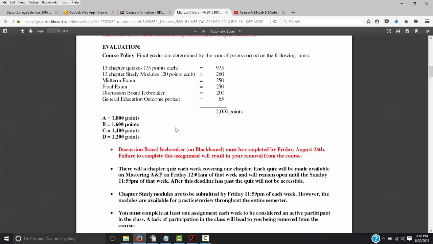The discussion board icebreaker, which I'll go over in more detail here in a second, is worth 200 points. And something that we'll do toward the very end of the course is called the GEO project, the General Education Outcome Project. So there'll be a total of 2,000 points that are available. And here's my grading scale over here. An A would be 1,800 points and higher. A B would be 1,600 points to 1,799, and so on.